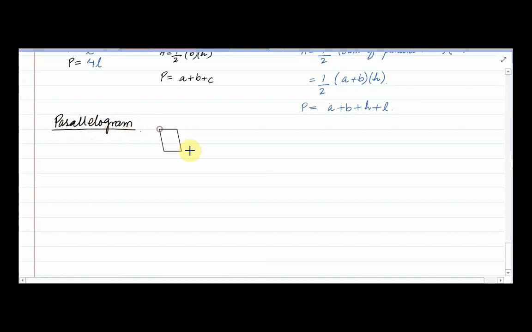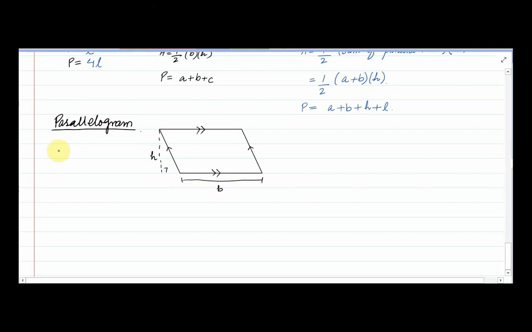A shape like this, right? This is a parallelogram in which this length and this length are parallel and equal. This length and this length are parallel and equal. So if I say that this represents the base, the height must always be perpendicular.